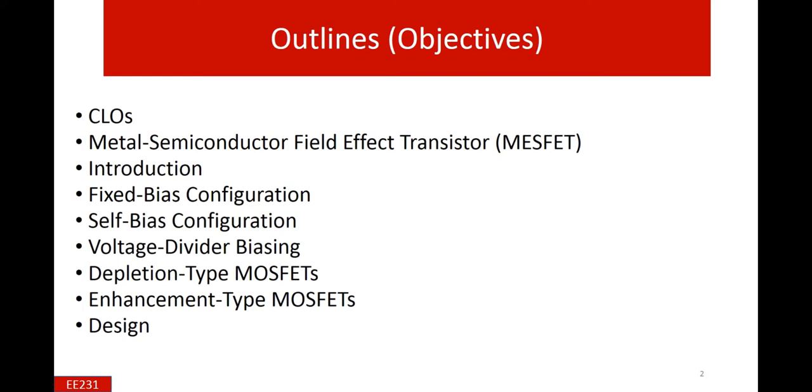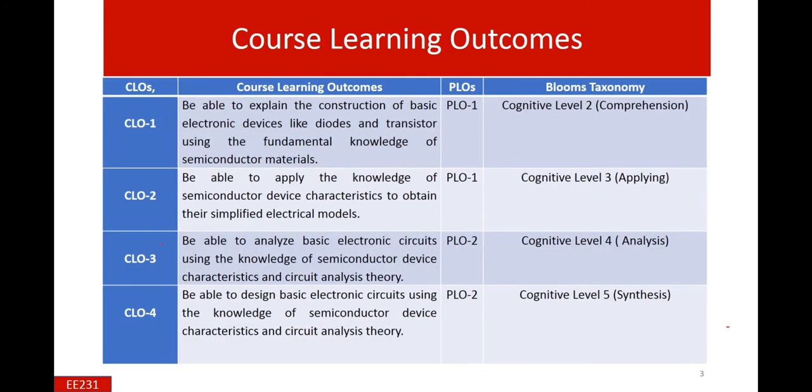Metal semiconductor field effect transistors (MESFET) is the first part of the lecture, and then we will continue our lecture on the DC analysis, starting with the introduction of the chapter, and then different types of biasing in DC analysis we will discuss in this lecture. So CLO 1, 2 and 3 we will target in this lecture.